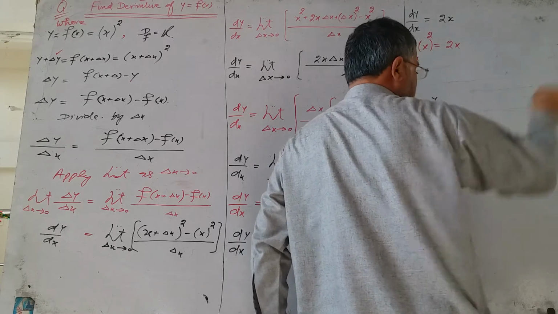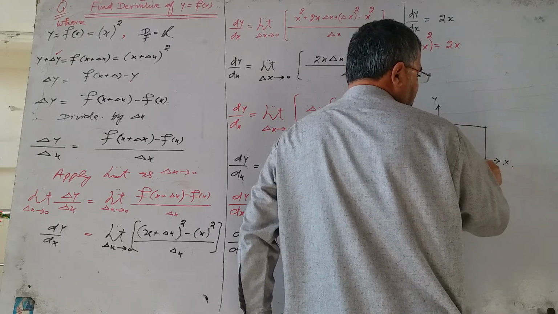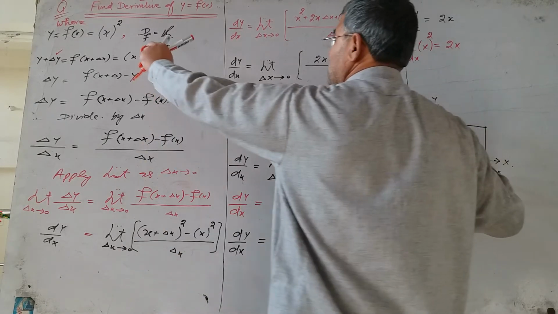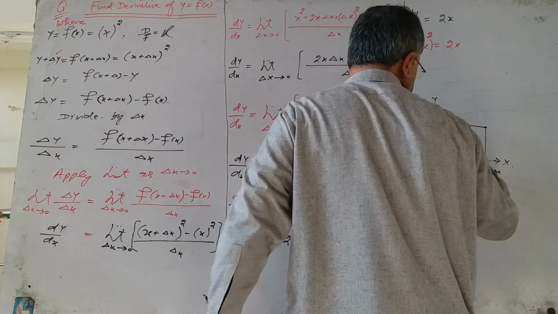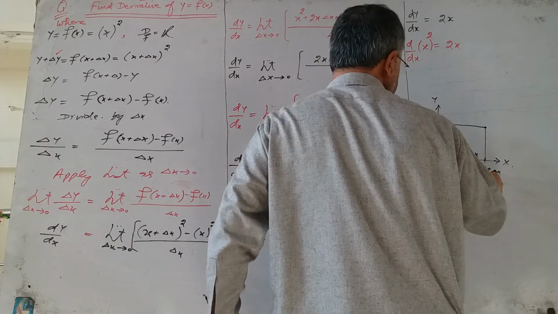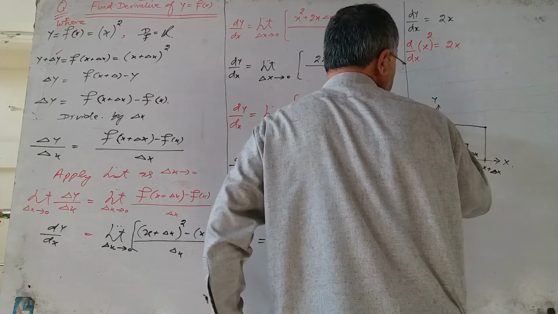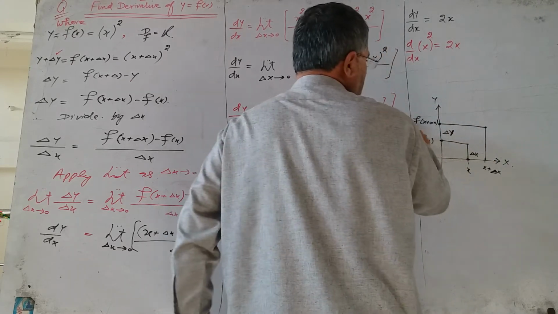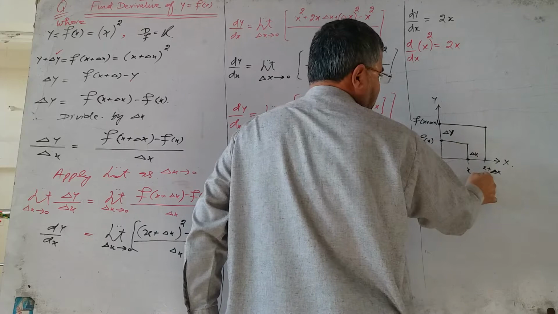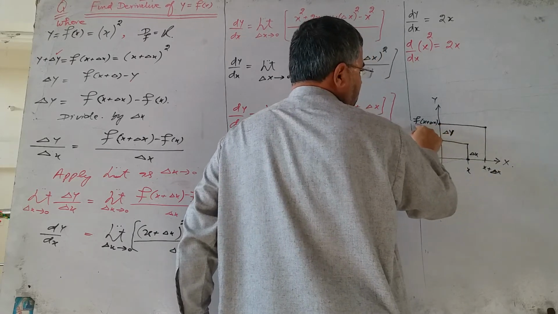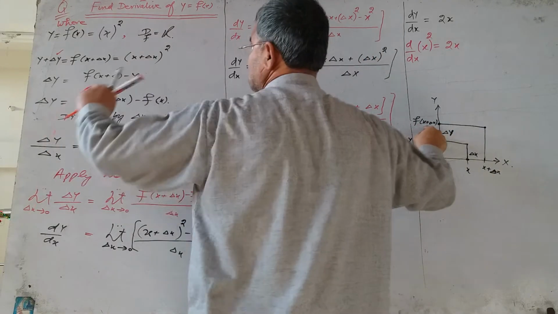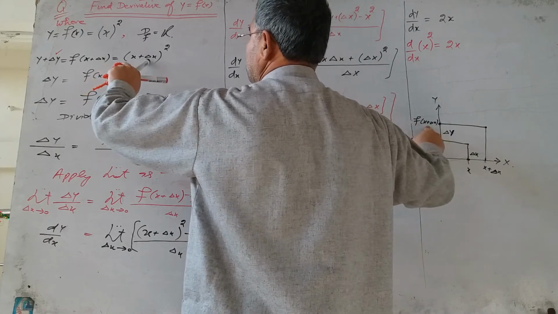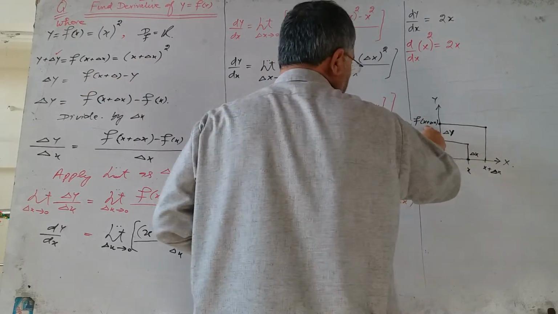The next point will be equal to x plus del x, and this point is also a point of the domain of the function f of x. So at this point the value of the function is defined, and the value of this function at this point will be denoted by f of x plus del x, calculated from x plus del x whole square.